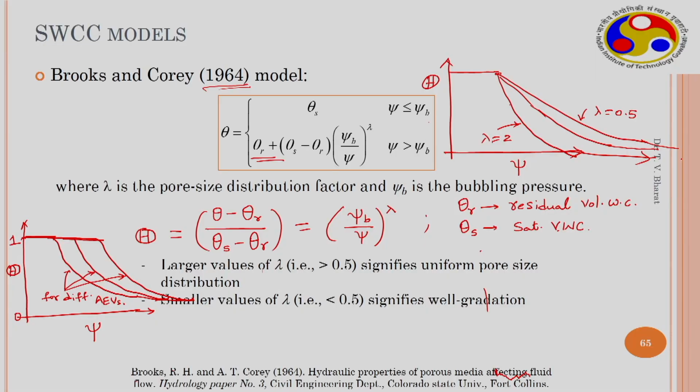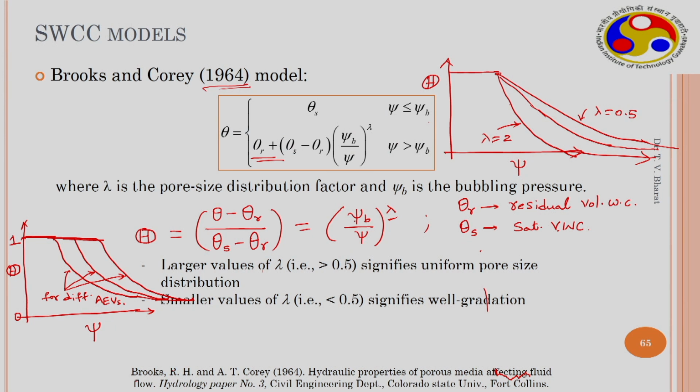So this can be simulated very well using this particular expression given by Brooks and Corey, which is the simplest possible model because it has only one parameter to estimate. Only lambda needs to be estimated while fitting the data.